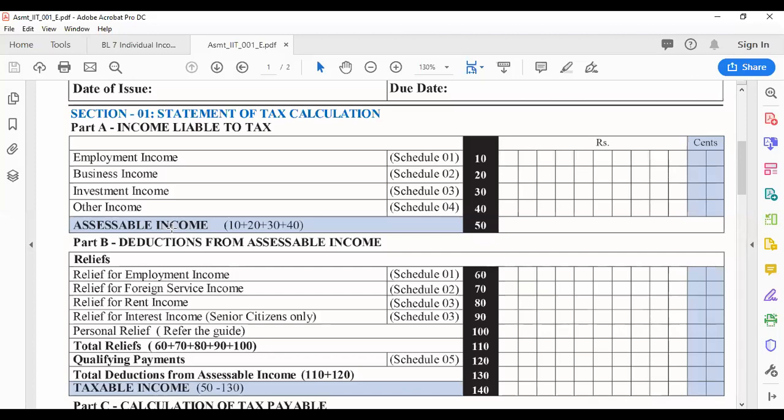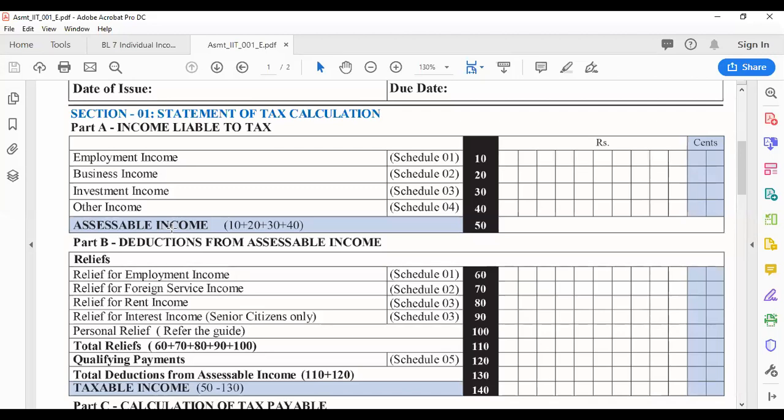Business income, if he is doing any trading activities or buying and selling activities or manufacturing whatsoever, comes under business income. Investment income, he may put his money in a fixed deposit in a bank, or he can purchase shares in companies, and due to that he can receive dividend income. That is an example of investment income.